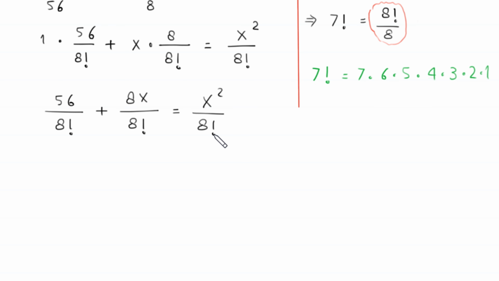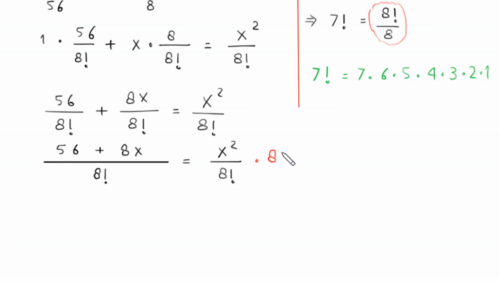Now we have the same denominator 8 factorial, so we take the LCM. The LCM is 8 factorial, so this 56 plus this 8x is equal to x squared divided by 8 factorial. And from here we multiply both sides of this equation by 8 factorial. At left hand side we multiply by 8 factorial.